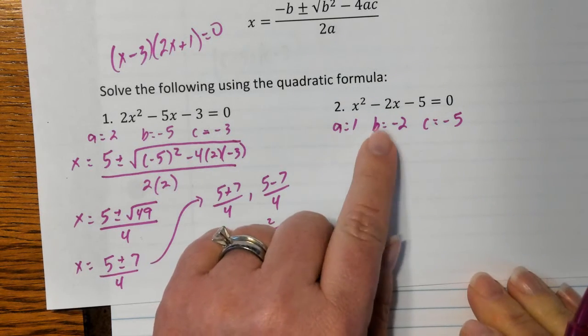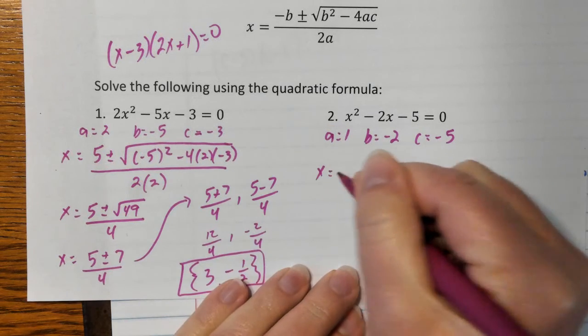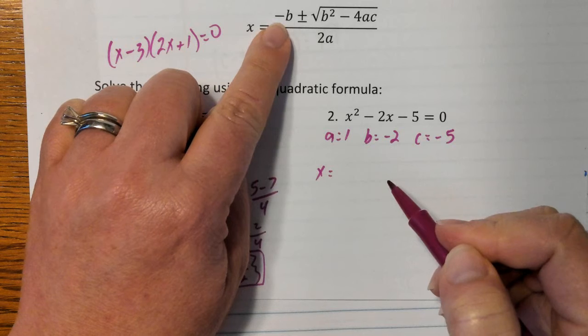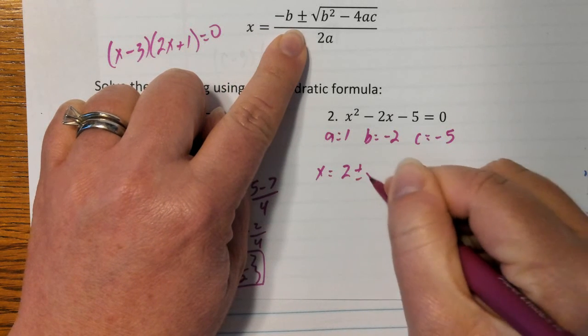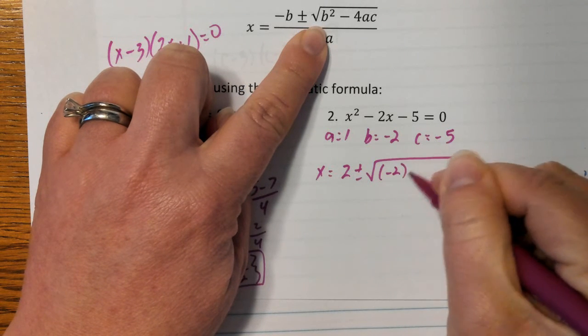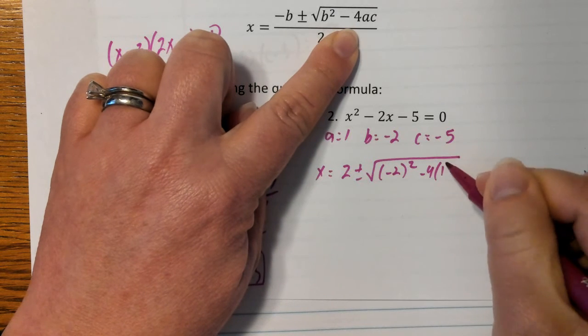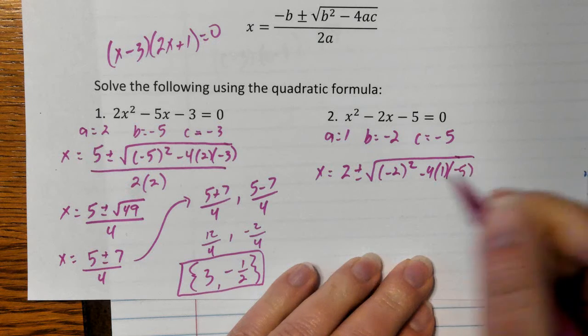I'm going to plug these values into this formula. Okay? X equals negative B. Well, B is negative 2. So negative B means the opposite of negative 2, just 2. Plus or minus the square root of b squared. Well, b is negative 2, so negative 2 squared minus 4 times a is 1, times c is negative 5.